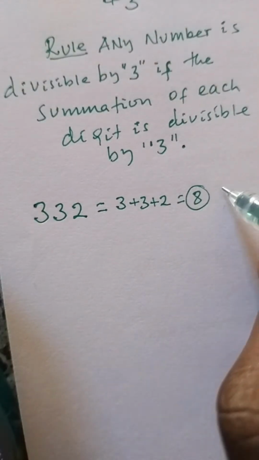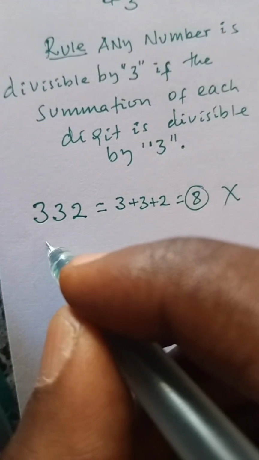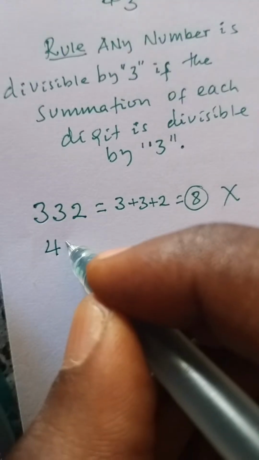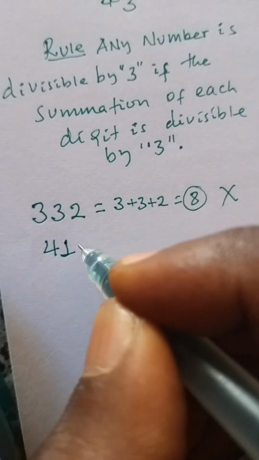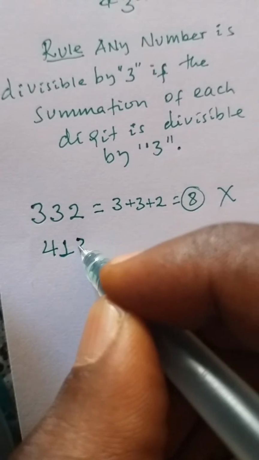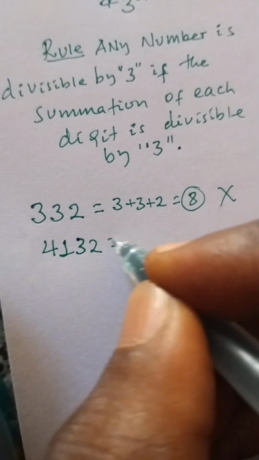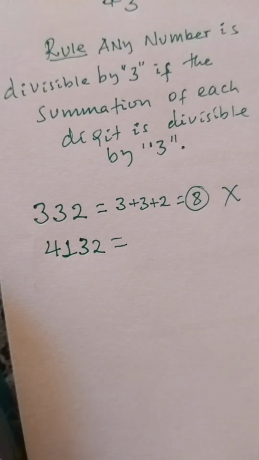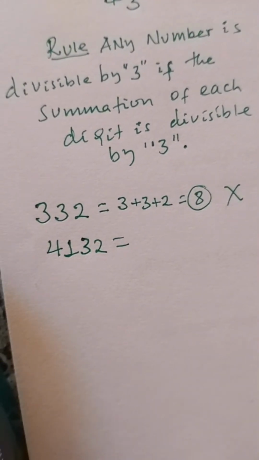Another example, 4132. Let's check whether this number is divisible by 3 or not.